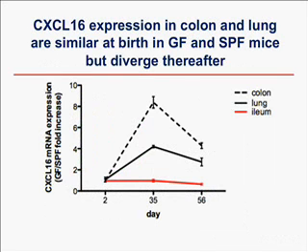So it's quite interesting for us to look at this, and this is a really very interesting experiment because it shows that a mouse that's born to an SPF, a specific pathogen-free mom, or a mouse that's born to a germ-free mom, are born exactly with the same levels of CXCL16 in the gut.